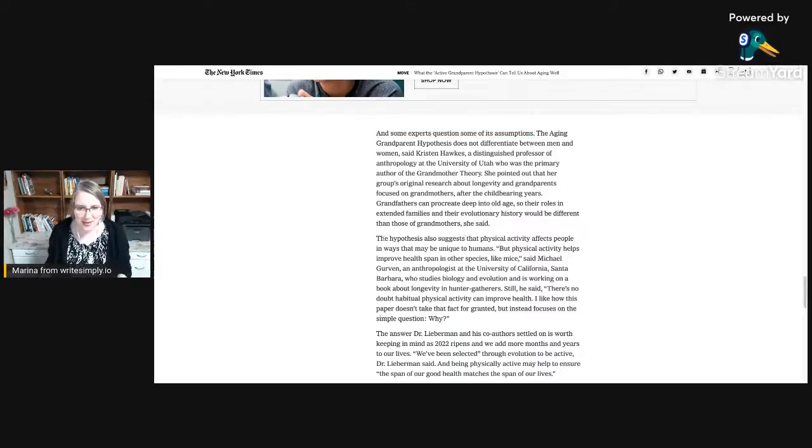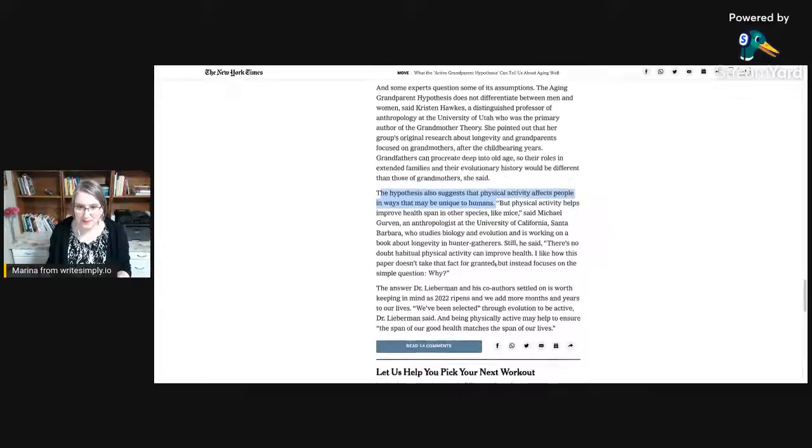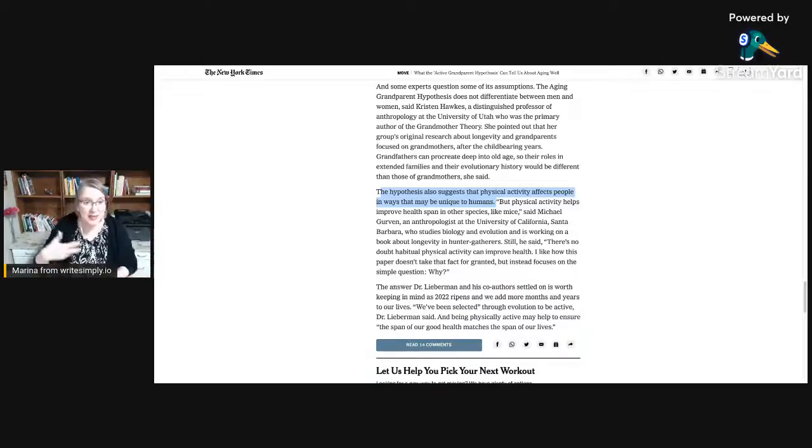It suggests physical activity affects people in ways unique to humans, but it also helps increase the lifespan of other species. So maybe we're not so different. Maybe we can test it out on mice, and maybe we're going to get the same benefit in humans. Who knows?